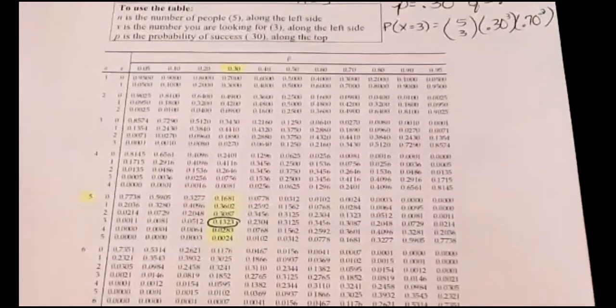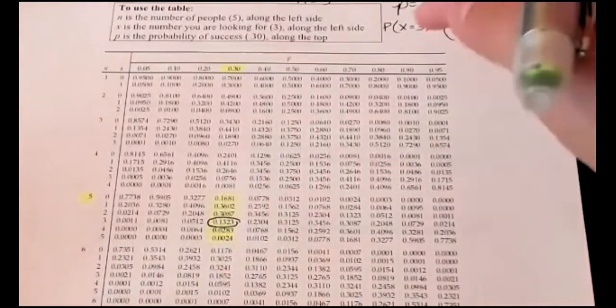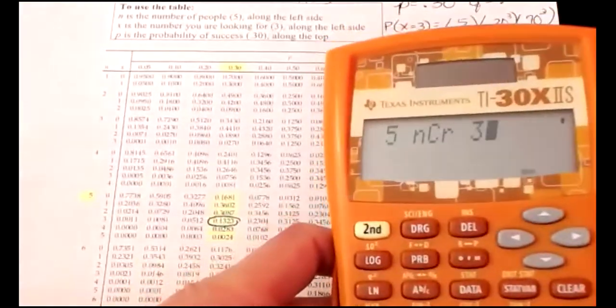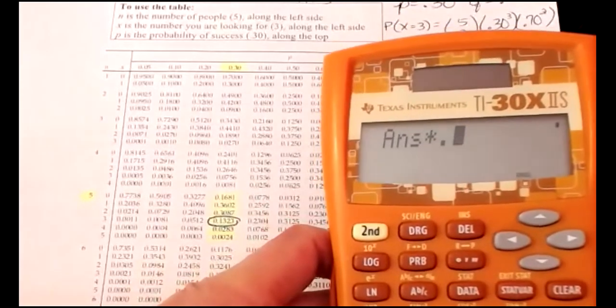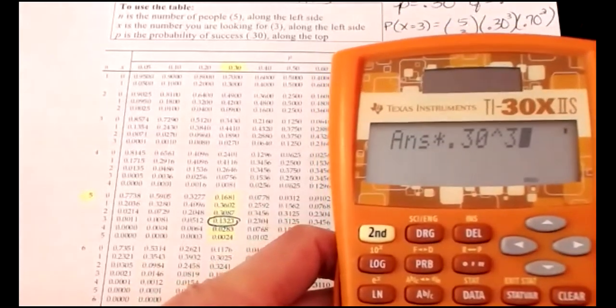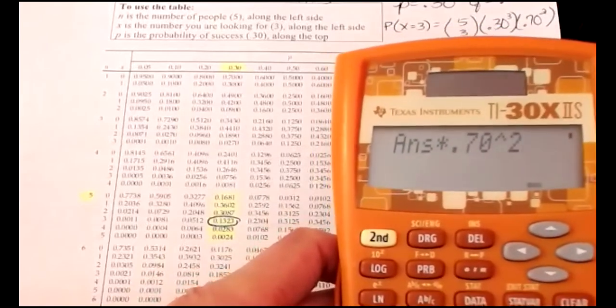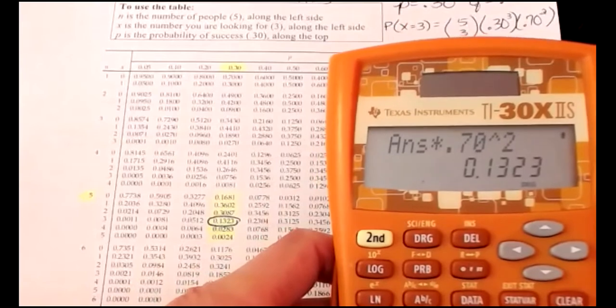To prove it, I'm going to punch this formula into my calculator: 5 choose 3 times 0.30 to the third power times 0.70 to the second power, and there it is, 0.1323.